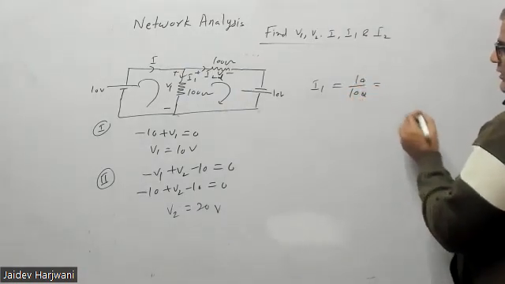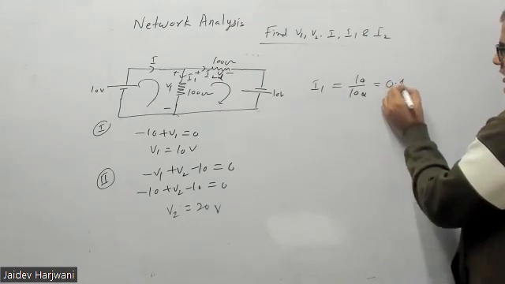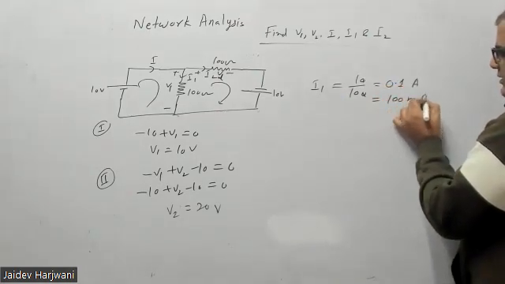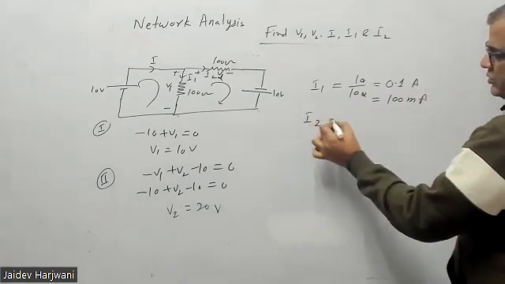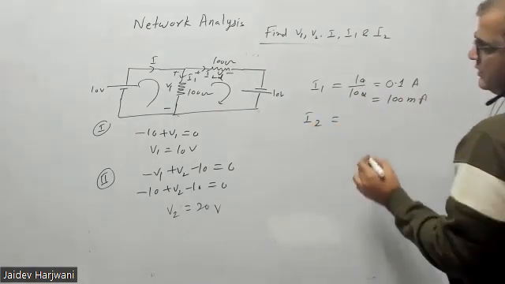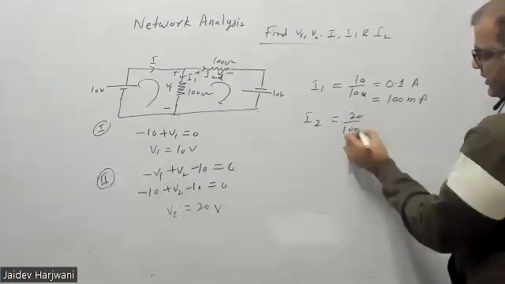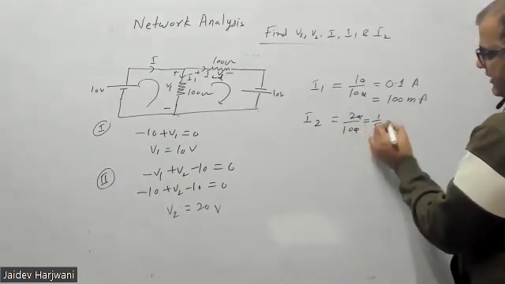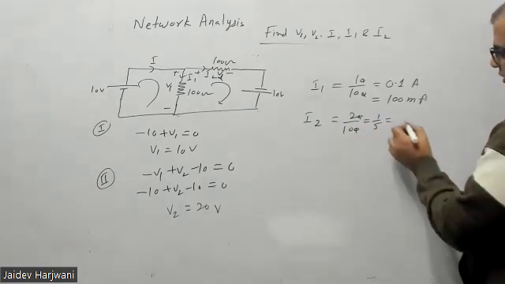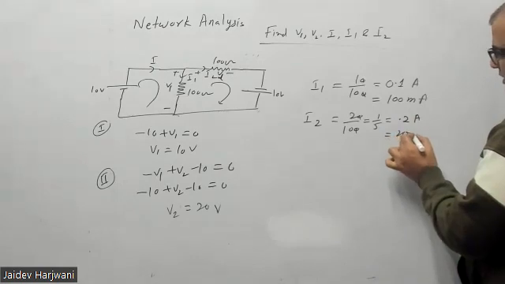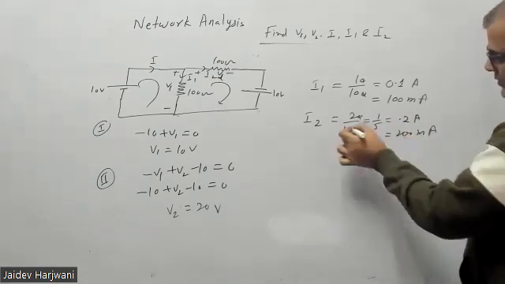That is 1/10 ampere, 0.1 ampere. You can write this as 100 milliampere. I2 is V upon R, 20 upon 100, that is 2/10, 1/5, which is 0.2 ampere, or 200 milliampere.